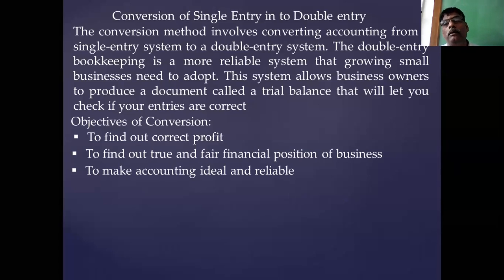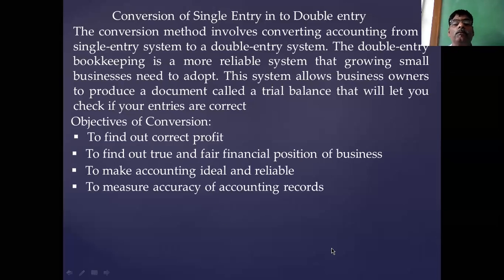And that is not reliable. One cannot accept it, because the single entry system itself is an incomplete one. Therefore, if you want to prepare the accounts ideal and reliable, the double entry system is essential. Therefore, we convert the single entry to the double entry system of bookkeeping.